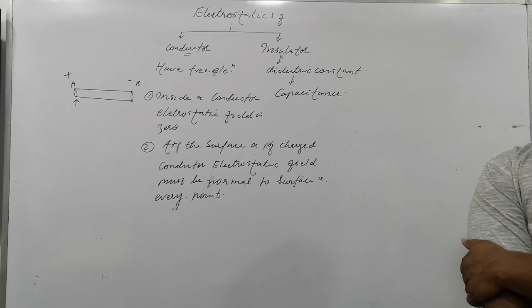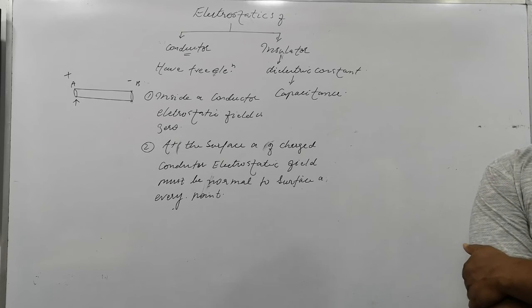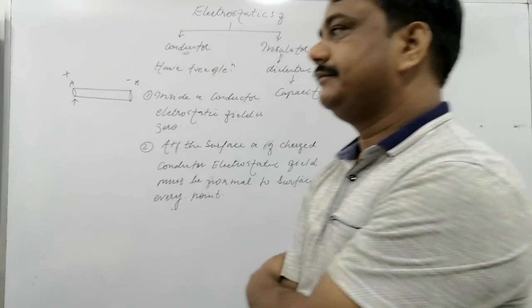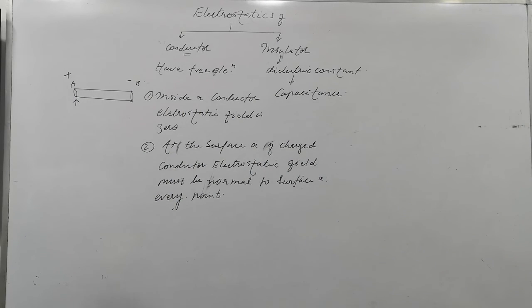Shape of area. Right, and at a point on the surface, the electric field direction, the flux direction, the field line direction, will be perpendicular to the surface.